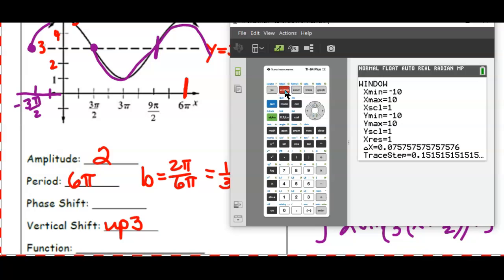So for my window, I'm going to say -3 pi over 2, because then it should start right there where we did at 3, if we did this right. And the maximum x on the right, we can just leave at 6 pi to see if it finishes exactly where we did. Whoops, I don't know what I typed there.